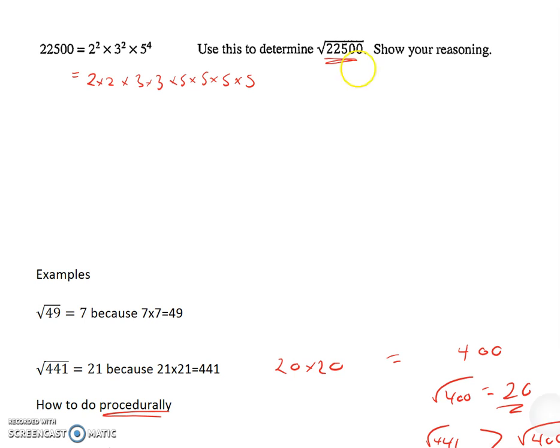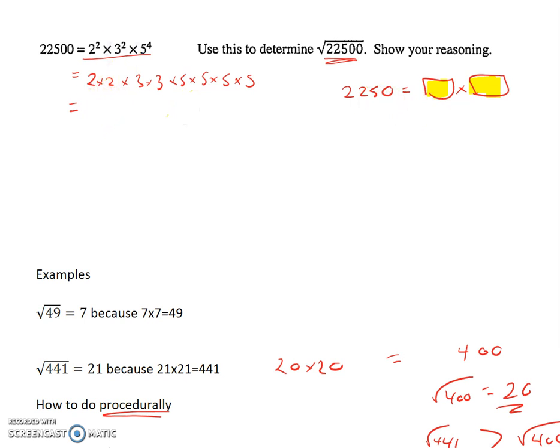Now ultimately what I'm trying to do is find two numbers that multiply together, which are the same numbers, that give me back 22,500. So if I understand indices and I understand the commutative law, then I can find those two numbers.